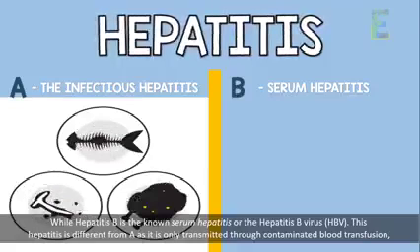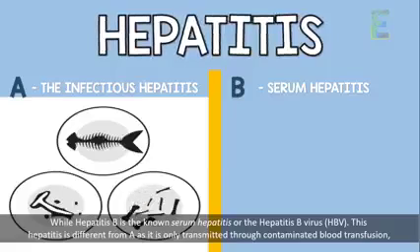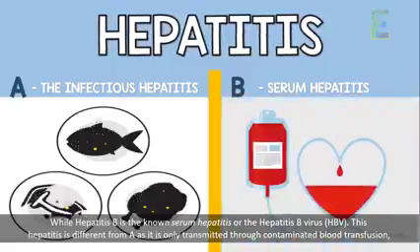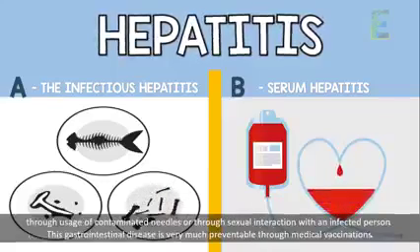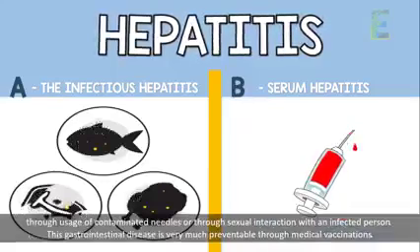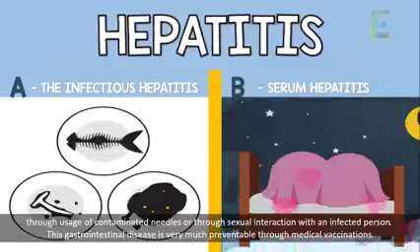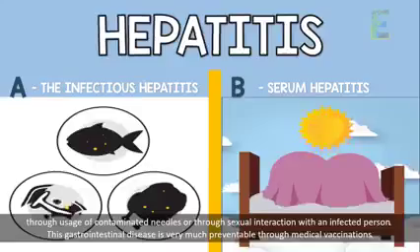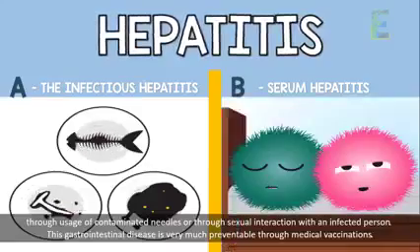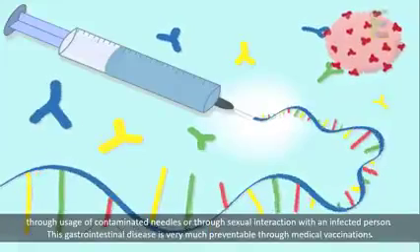This hepatitis is different from A, as it is only transmitted through contaminated blood transfusion, through usage of contaminated needles, or through sexual interaction with an infected person. This gastrointestinal disease is very much preventable through medical vaccinations.